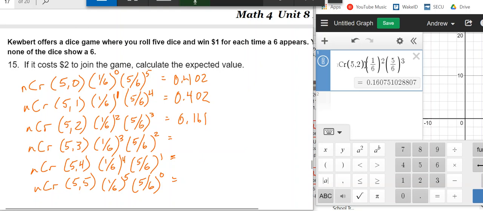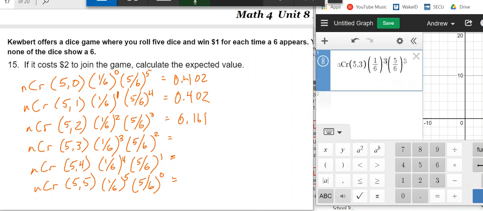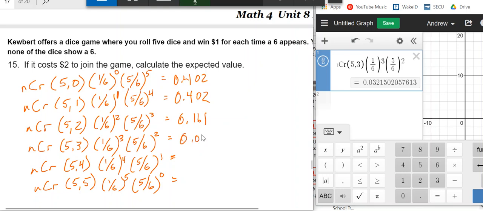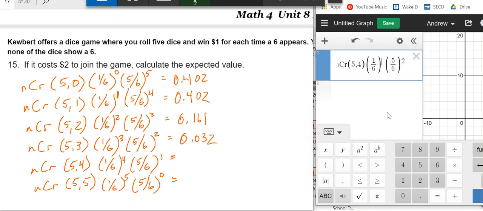And then we come over here and we do the 3, and a 3, and a 2. We get 032. And then we do a 4, and a 4, and a 1. We'll get 003.